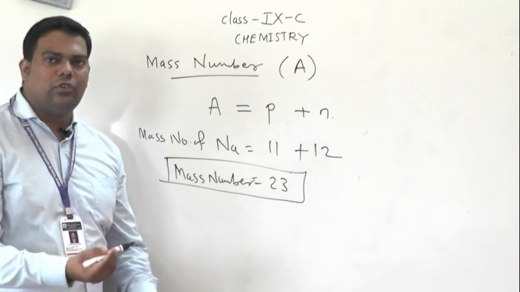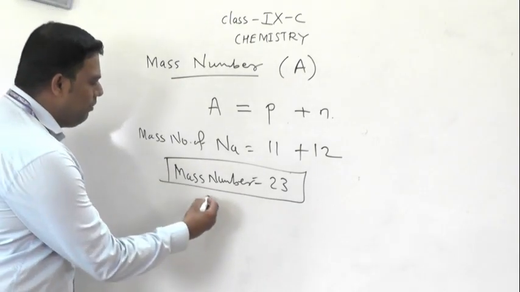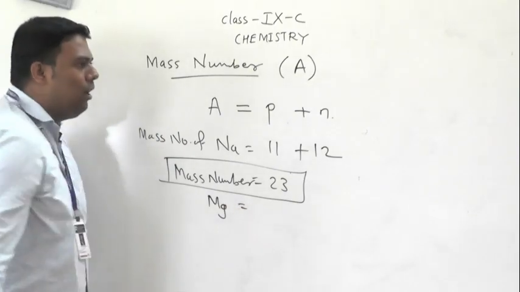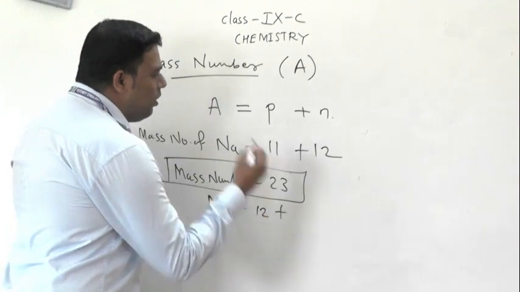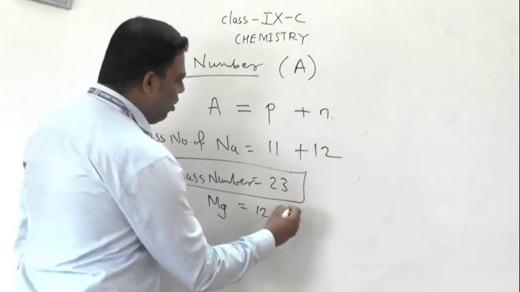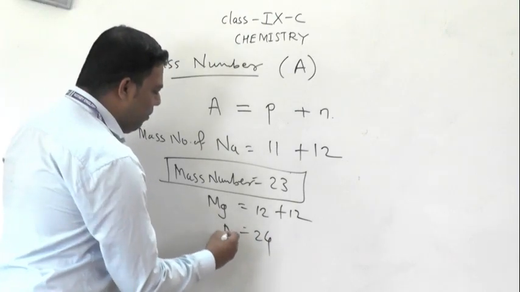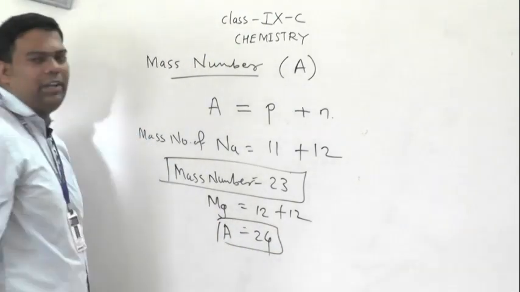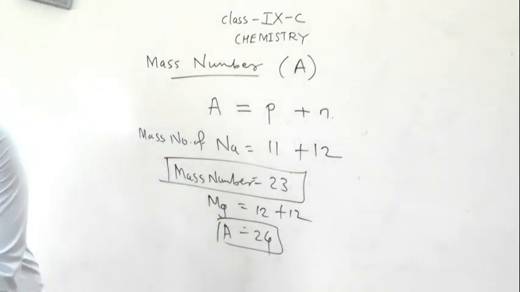Now suppose we are going to calculate for magnesium also. Magnesium: protons plus neutrons. Protons in that, how much? 12, plus neutrons also 12 in that. So how much is the mass number? 24, which means A is equal to 24. So like that we can calculate the mass number.